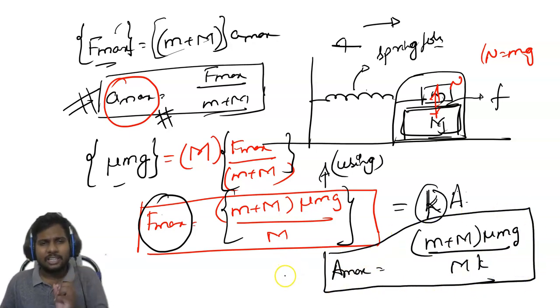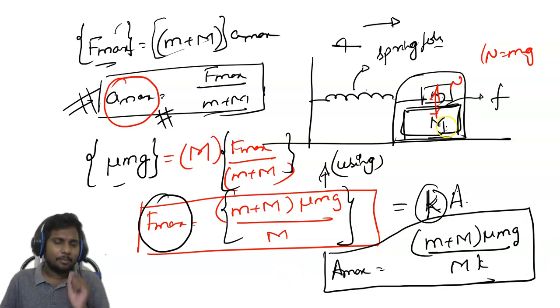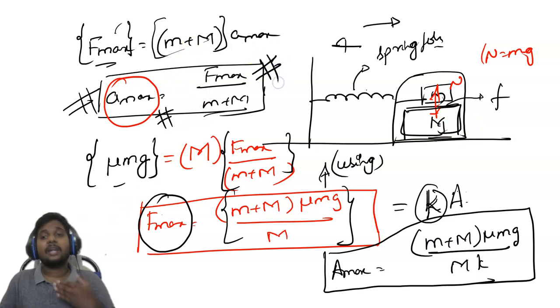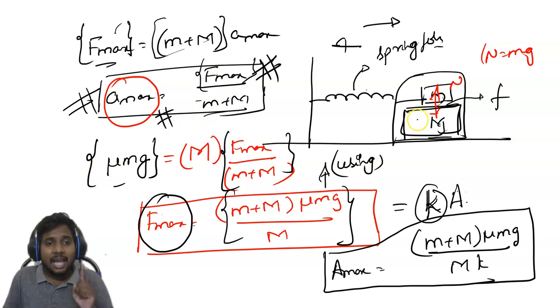Now what did we do, students, here? The first important concept is both are going together. Then I found the maximum acceleration possible, which will be the maximum force divided by m plus M. The acceleration of the second block is caused only by friction.